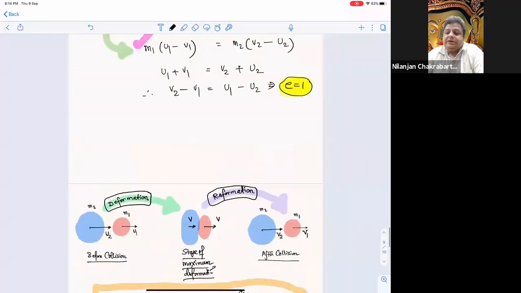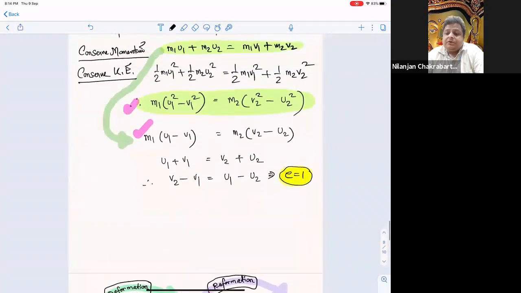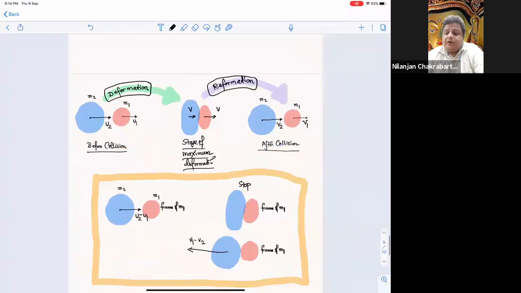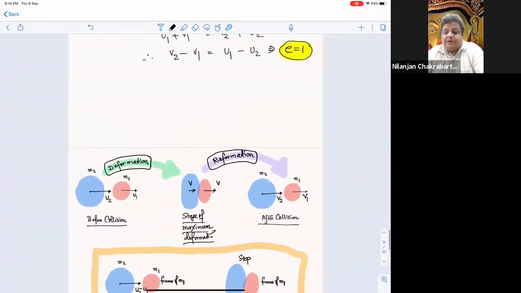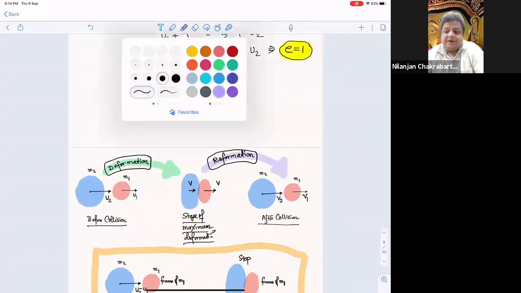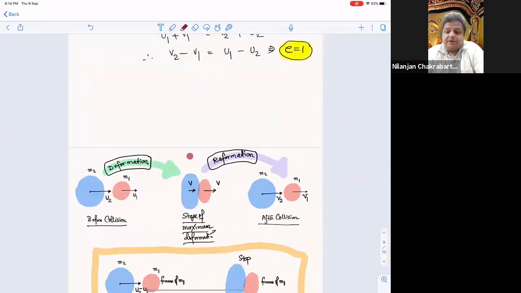ঠিক আছে, তো এটা হচ্ছে ব্যাপার রিফর্মেশন। So for perfectly elastic collision, the reformation is maximum reformation. For inelastic collision it stops here, the whole process stops here.